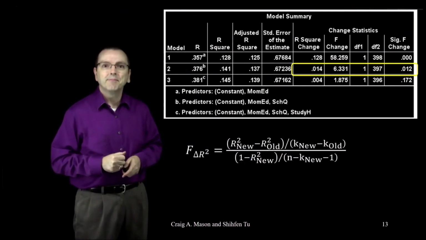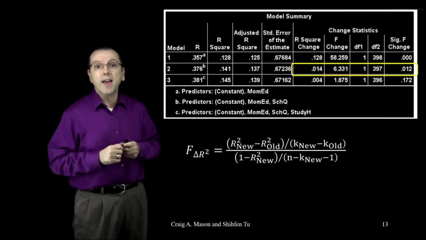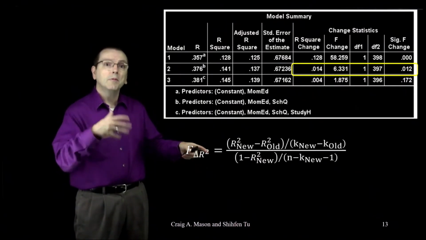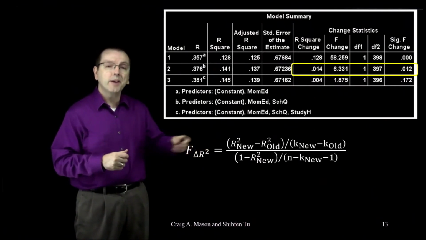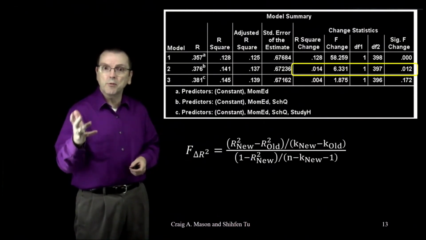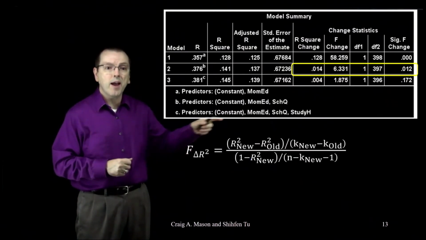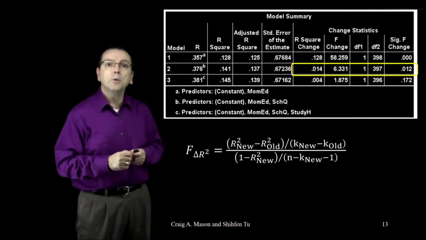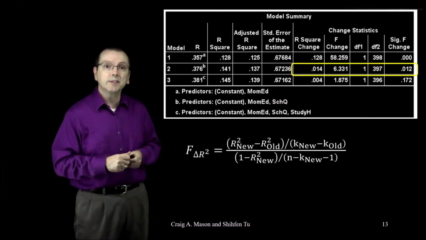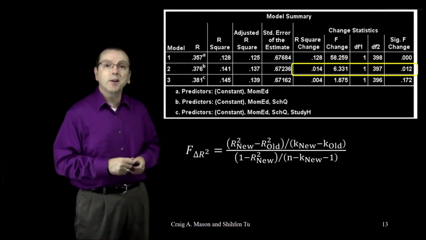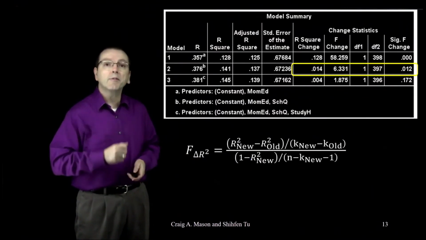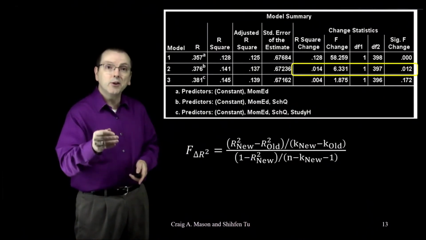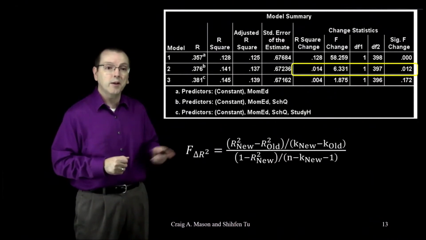Great. Now, the formula for the F-test for that change in R squared is the R squared new, the R squared for our current model, minus the R squared old, the R squared for our previous model, divided by K new, the number of variables in our current model, minus K old, the number of variables in our previous model. All of that divided by 1 minus the R squared for our current model over N minus K new minus 1.